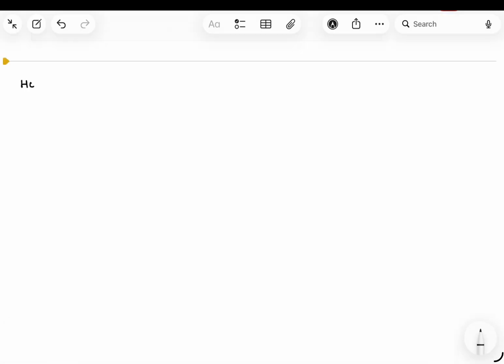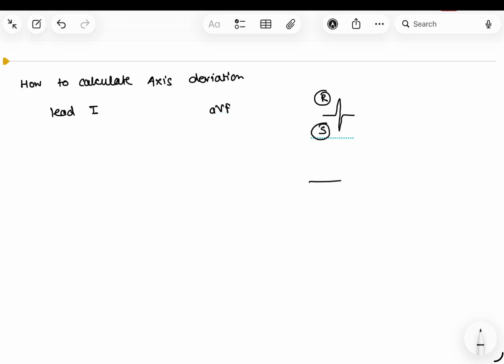Now how do we calculate axis deviation? For this we have to consider two leads, lead number 1 and the second one is AVF. In lead number 1, this is R wave and this is S wave, and in AVF I am just taking an example, R wave and S wave. So if R minus S is positive here and R minus S is positive here, then it's a normal axis.